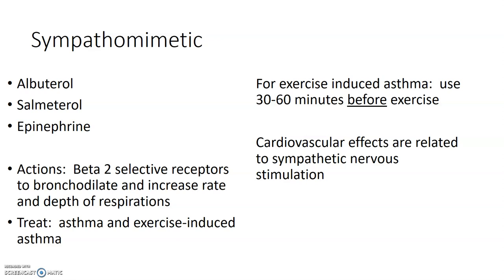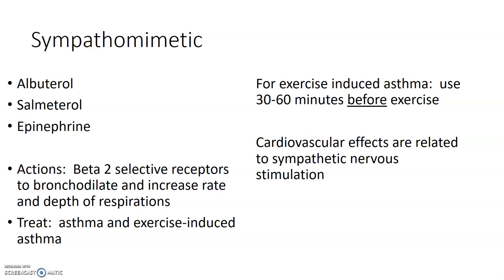These drugs replicate the effects of the sympathetic nervous system and dilate the bronchi. They are used to treat asthma and exercise-induced asthma. For exercise-induced asthma, the patient should use the drug 30 to 60 minutes before they exercise in order to have the maximum openness of the airway tree.